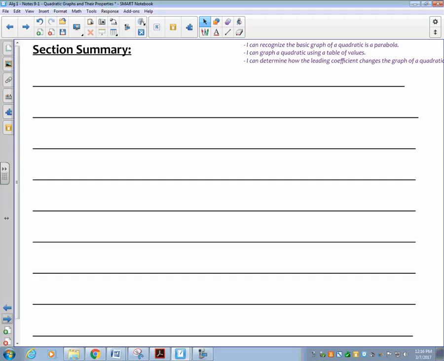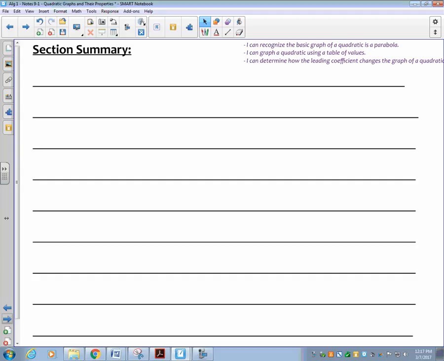The basic graph of a quadratic is what shape? And then explain how you use a table. So explain how to do this. Don't just say, I know how to do it.